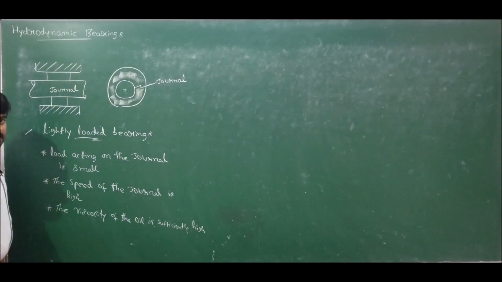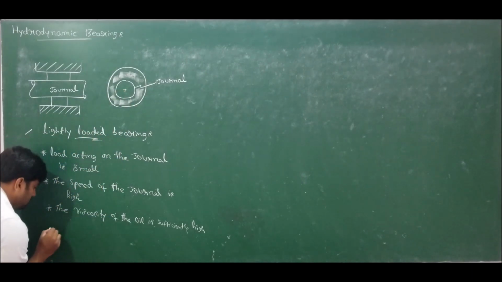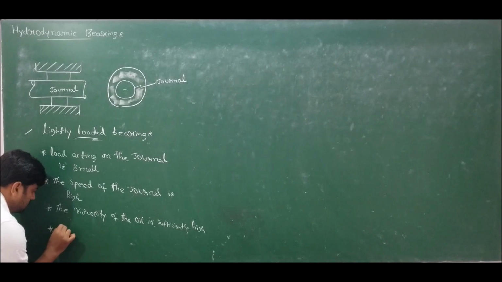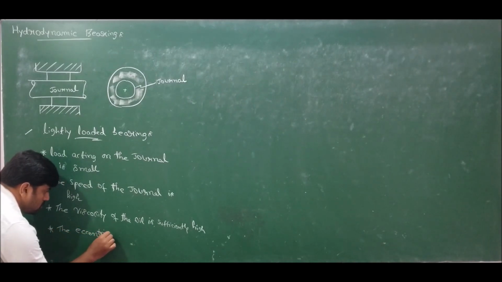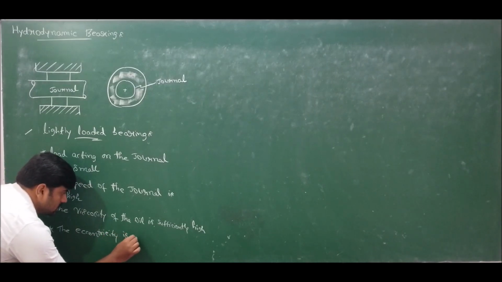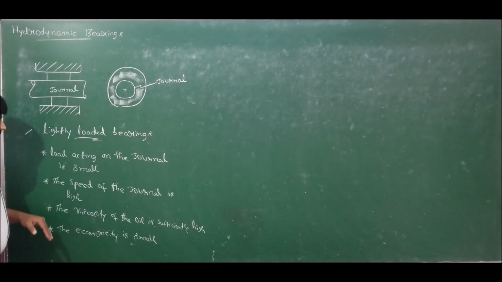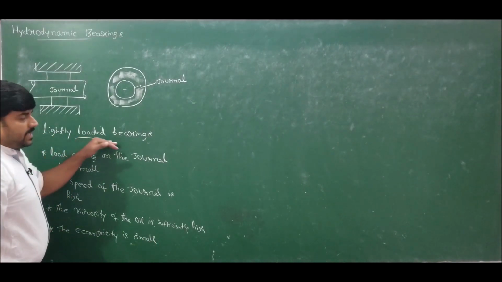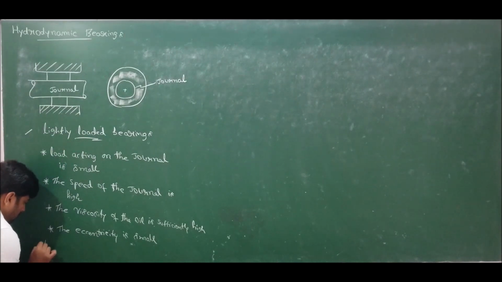If these three conditions are satisfied, then the eccentricity of the journal can be neglected. That is, the eccentricity is very small. So such analysis is termed as lightly loaded bearing analysis, which is done by using Petroff's equation.